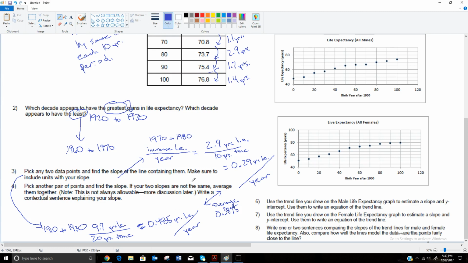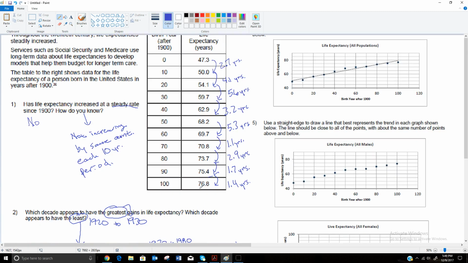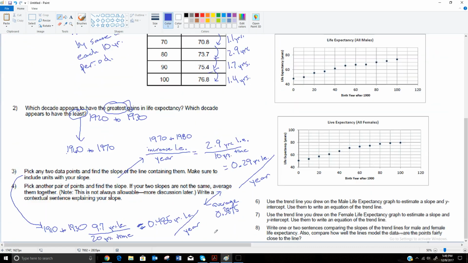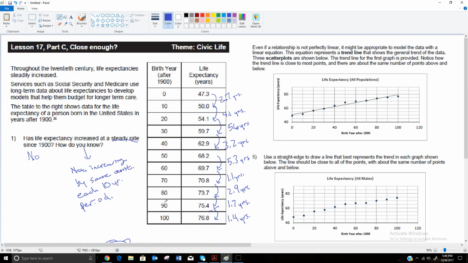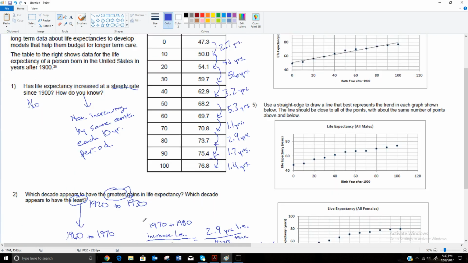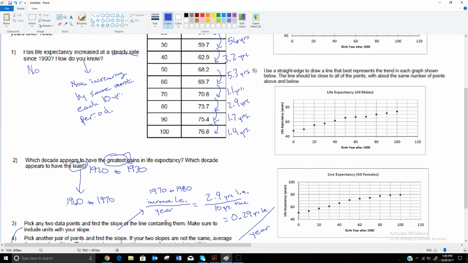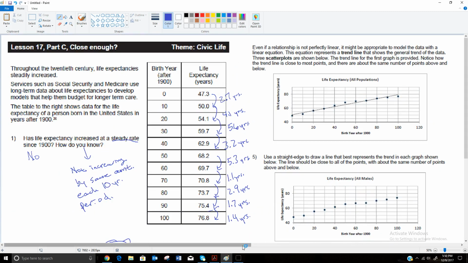One way to do this, if you were going to try to find a slope for a line here, is to go from the very first point to the very last point. That's often the most accurate. There are different ways you can do this. You just have to follow what it asks in the homework and go from there. I won't ask you to find the slope for these ones that aren't exact, so you don't have to worry about seeing that on an exam.